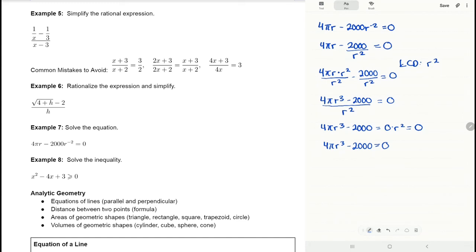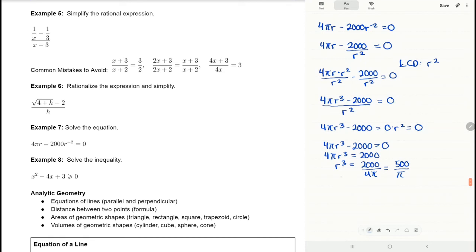So now let's isolate and solve for r. So here we have 4 pi r cubed is equal to 2000. We will divide by 4 pi, so we have r cubed is equal to 2000 over 4 pi, and this will be equal to 500 over pi.